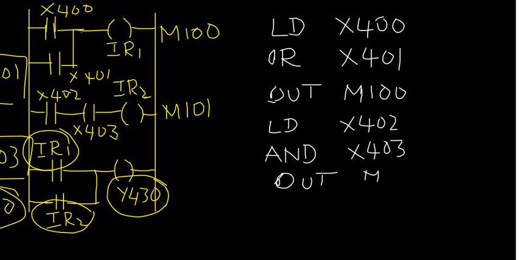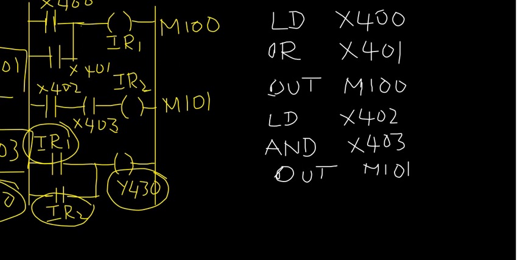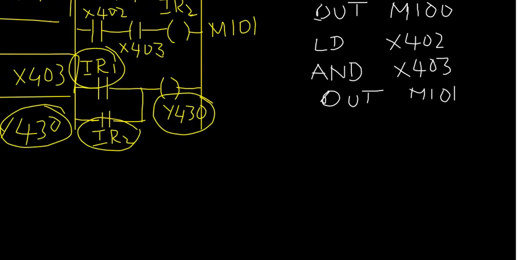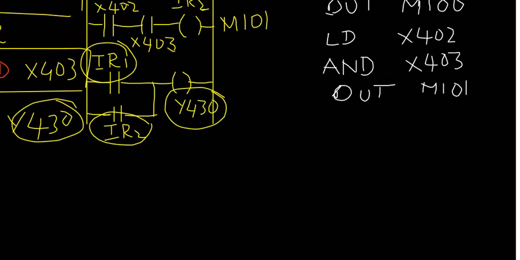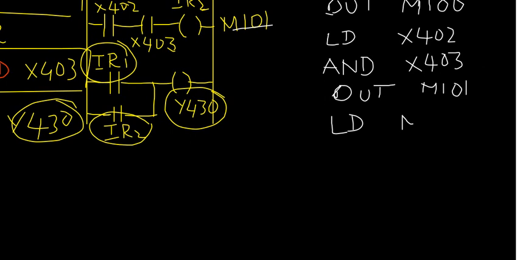Now LD M100, then OR M101, followed by the last instruction, OUT Y430. So this is the instruction list for the program which I have written here.